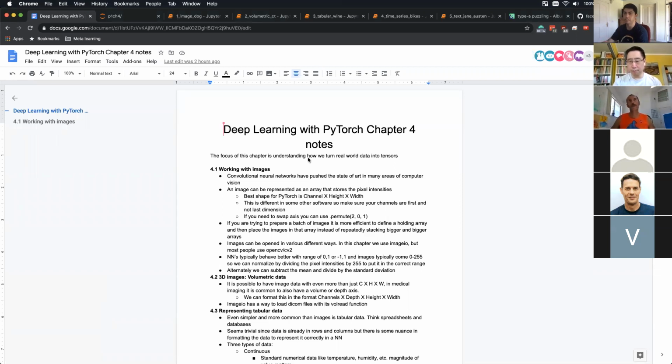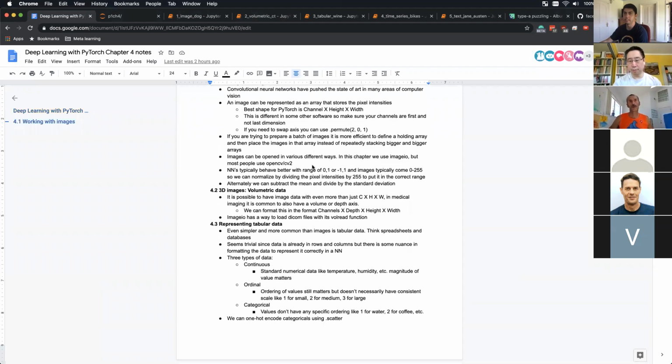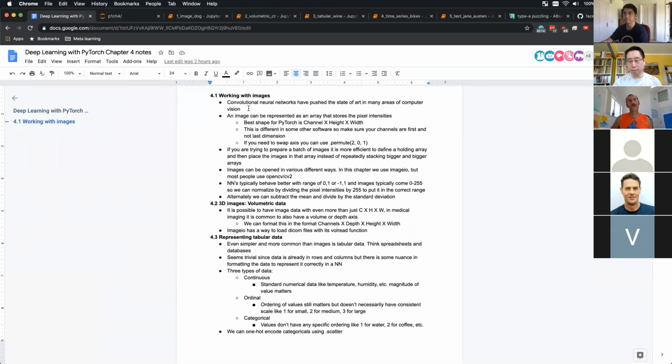And in the first section, we were looking at images. Images are really one of the biggest areas where neural networks have taken off and shown to be state of the art. So I think it's a good example to start with, because it's one of the more important regions.